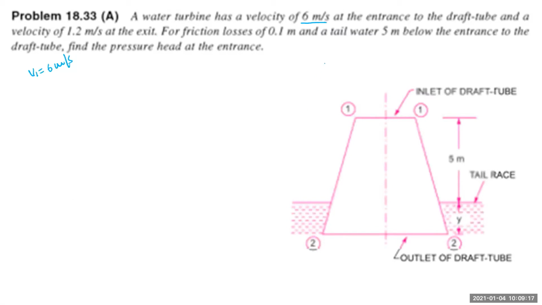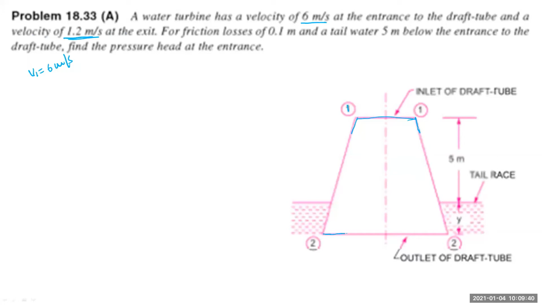At the entrance to the draft tube, meaning the velocity of water at the entrance to your draft tube, this frustum of the cone is nothing but your draft tube. At section 1, the velocity is 6 meter per second, and a velocity of 1.2 meter per second at the exit.